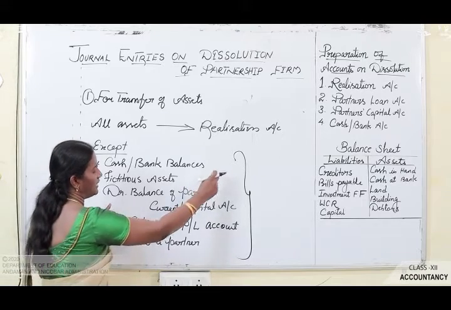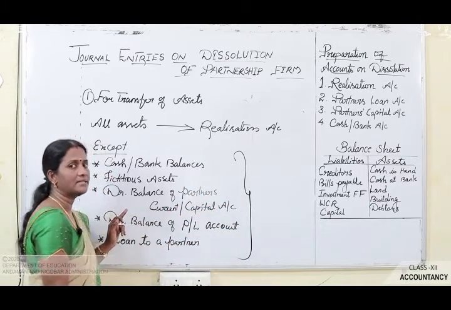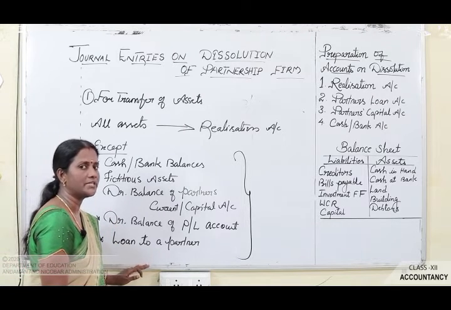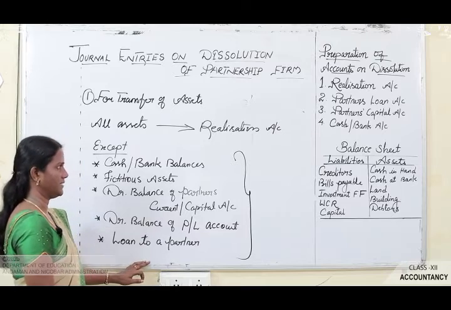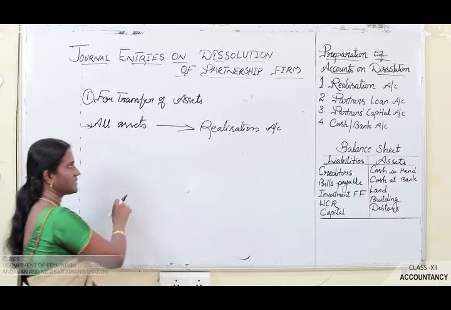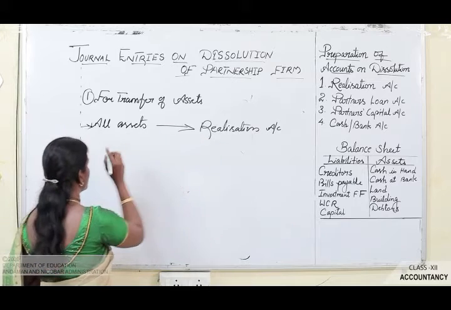So all these items will be transferred to the partners' capital account. Loan to a partner will be transferred to the loan account of the partner. So the first point is all assets except those we have seen are transferred to the realization account.